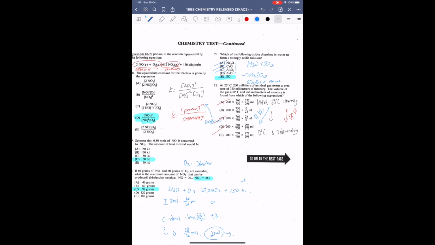And let's look at the second value here. So this is the temperature, right? The temperature converted to kelvins. Because you always need to convert it to kelvins, you also know B is not the answer, because B is just in Celsius. You can convert it to kelvins easily by adding 273. So 23 plus 273 equals 296 kelvins, and 0 plus 273 just equals 273 kelvins.